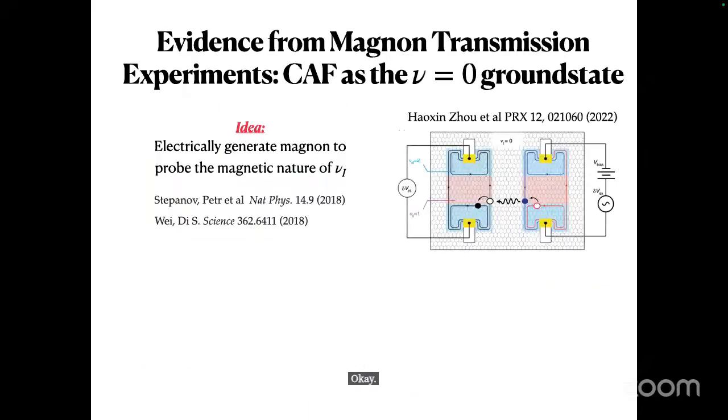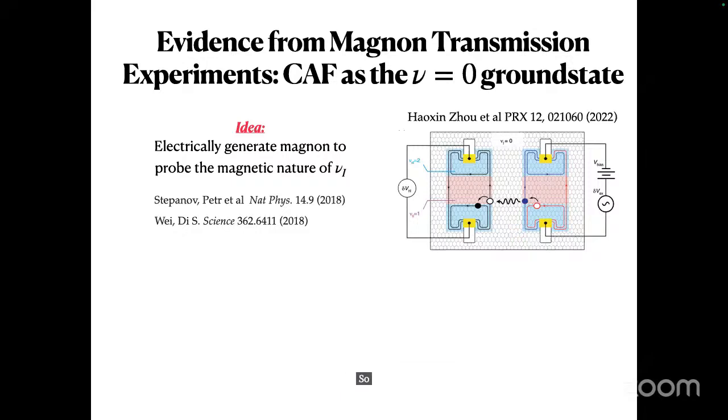Then a couple of years ago, this is from Andrea's lab again. They did this non-local magnon transport experiment. In this experiment, they cooked up this very cool device. So here, this is a biased edge state.